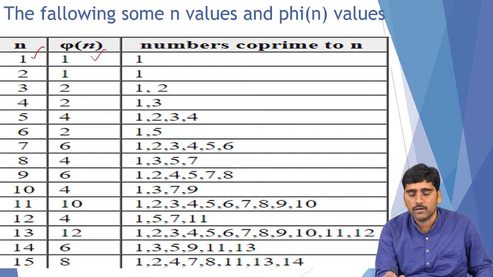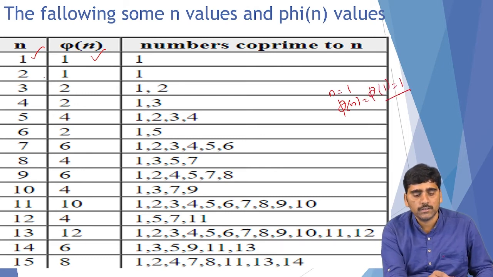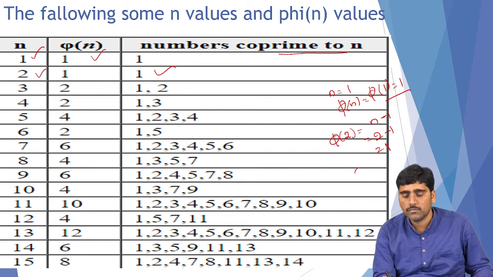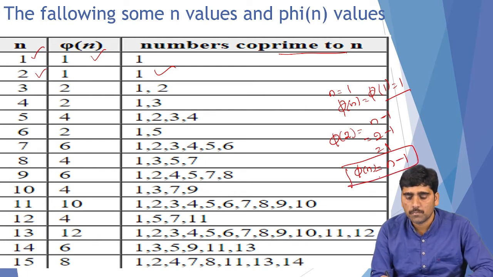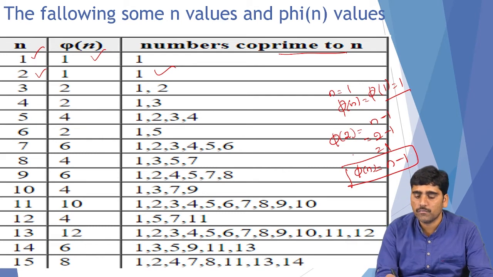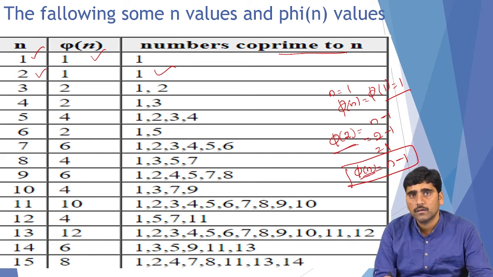For n equals 1, phi of 1 equals 1. For n equals 2, phi of 2 equals n minus 1, that is 2 minus 1, which equals 1. For numbers coprime to n, you can find them with the formula phi of n equals n minus 1. With this formula you can find these coprimes using the Euler totient function phi of n, right?